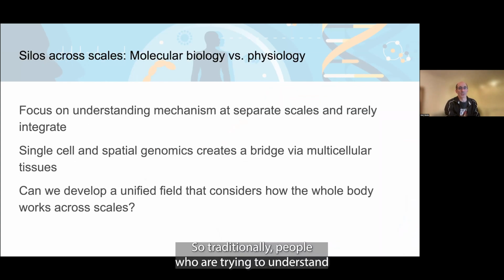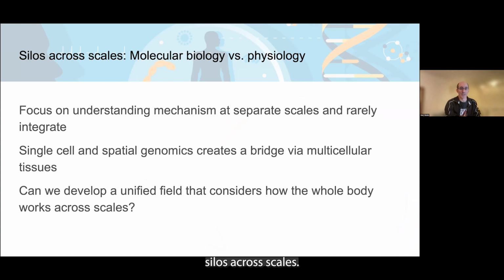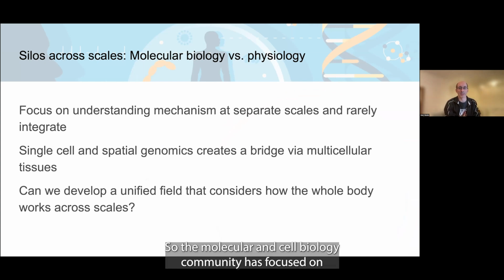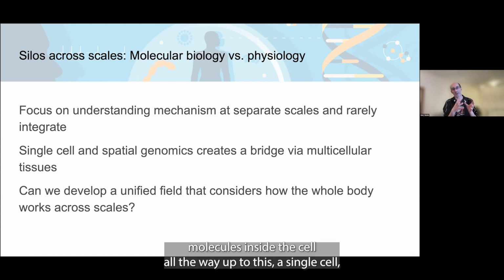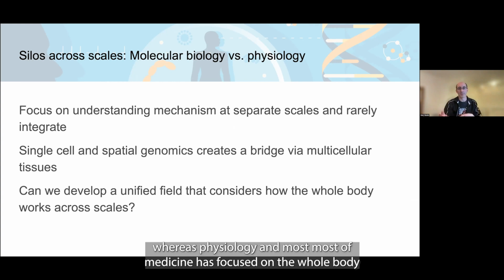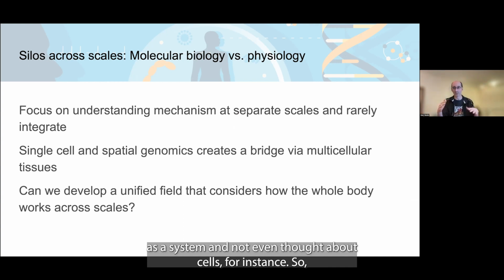So traditionally, people who are trying to understand the human body have been separated in different silos across scales. The molecular and cell biology community has focused on understanding molecules inside the cell all the way up to a single cell, whereas physiology and most of medicine has focused on the whole body as a system and not even thought about cells, for instance.